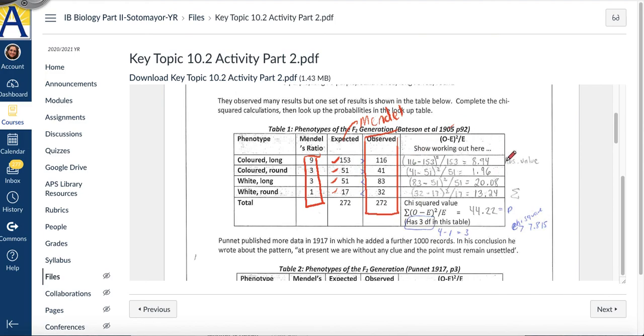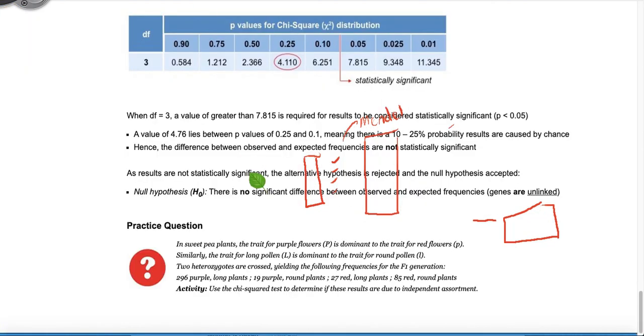So when they did their chi-square analysis here, they got a chi-square value of 44.22. And if we look at our chi-square distribution table, this value is greater than 7.85, which means that there is a statistical difference, right? So they got a value of 44.22.